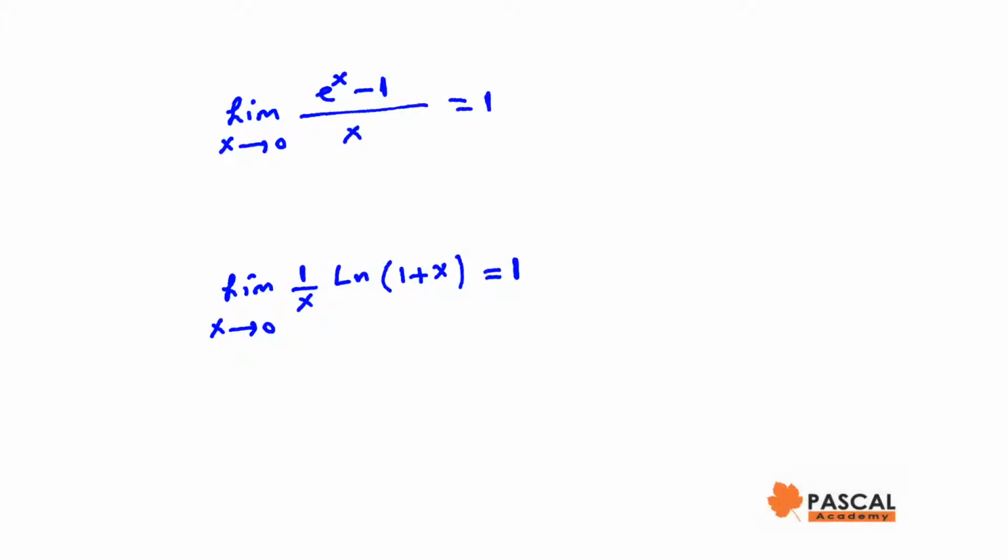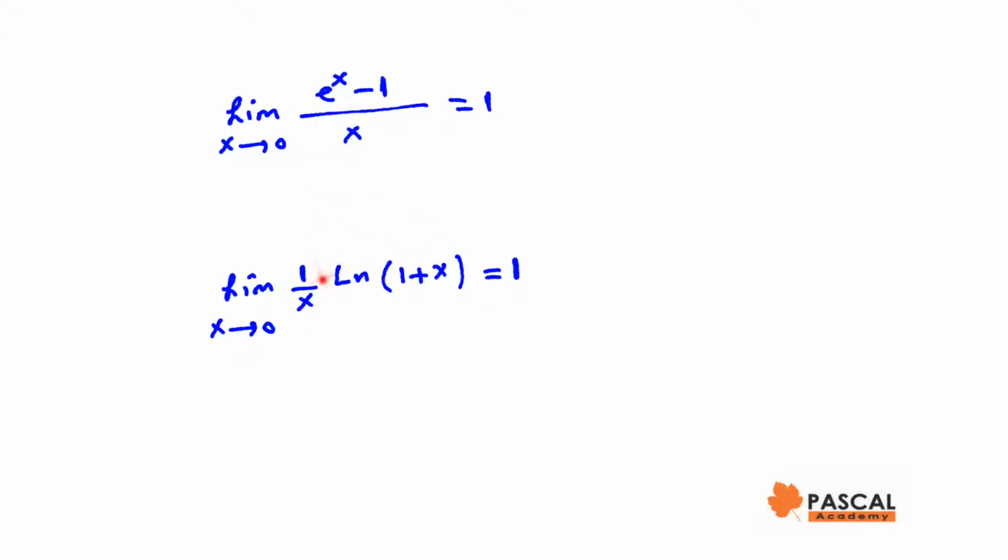If we use a table of values, we can see the limit of e to the power of x minus 1 over x as x approaches 0 is 1, and the limit of 1 over x times ln of 1 plus x as x approaches 0 is also 1.